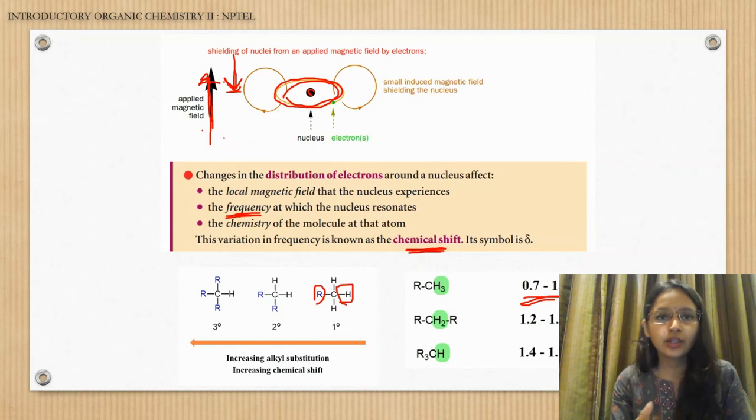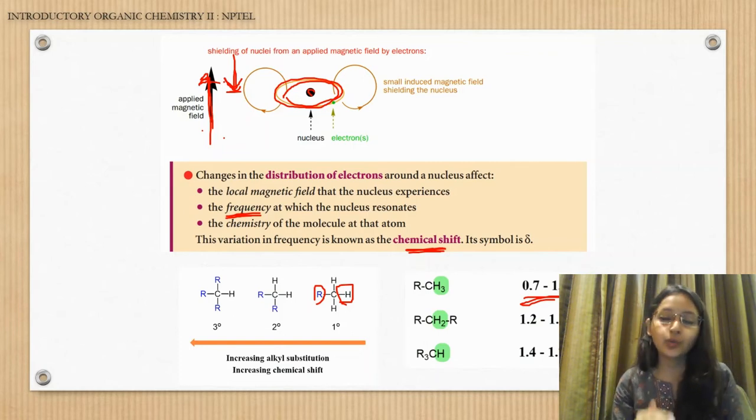So if the shielding effect is low and the applied magnetic field is very high, the nucleus is facing all the magnetic field that is applied by you. Now it is very difficult for the nucleus to resonate, so you have to increase the resonance frequency, the field, and then the nucleus will show up in the 1H NMR.